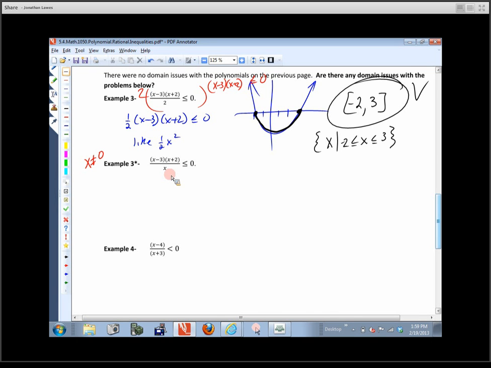I want to get rid of an x in the denominator. So I want to multiply by something that will cancel off an x. But I have to make sure that it's positive. So can I multiply by something that will cancel off an x, but I'm guaranteed that what I'm multiplying by is positive, so I know I don't have to switch the direction? Tylin. Another x. So if I multiplied by how many x's?